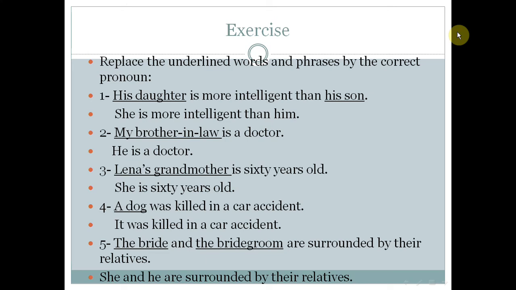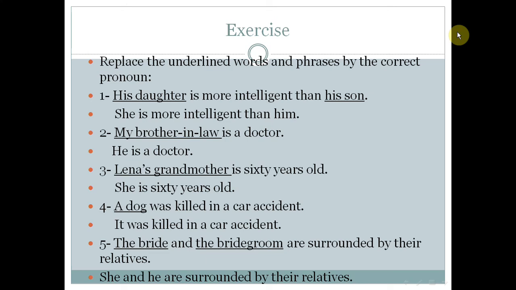His daughter should be replaced with the feminine pronoun she. She is more intelligent than him. Him is a pronoun used for masculine. So his son is replaced by him, but his daughter is replaced by the subject pronoun she.